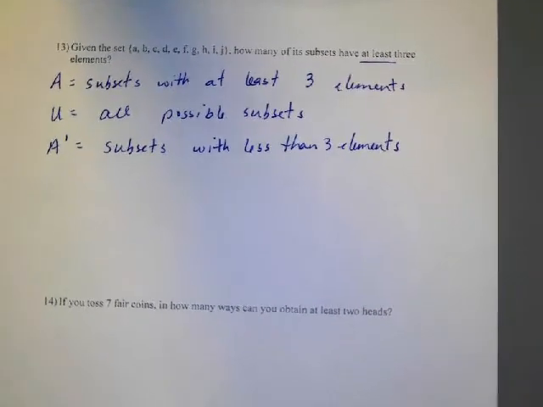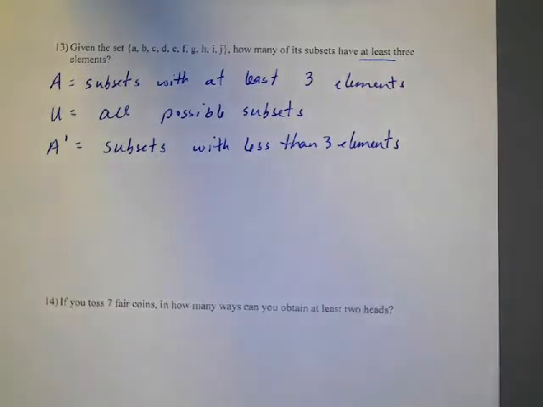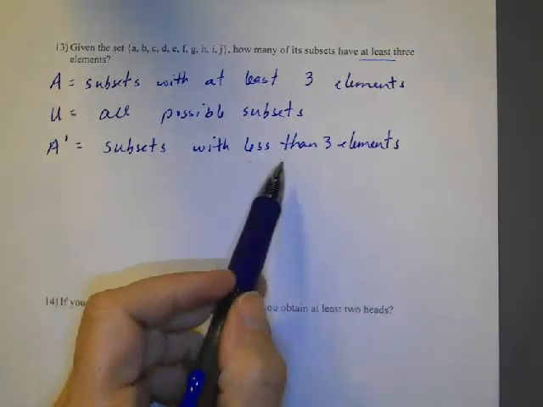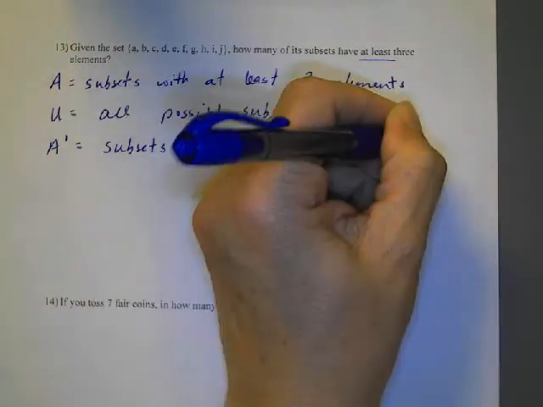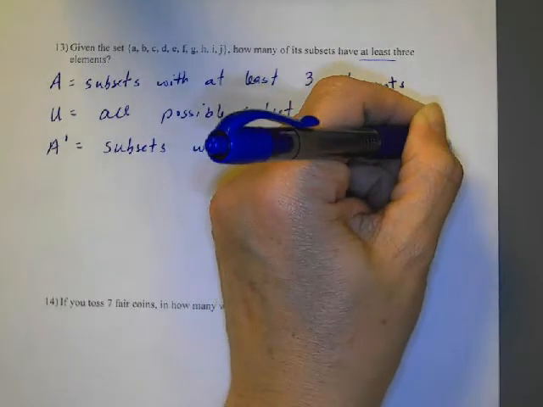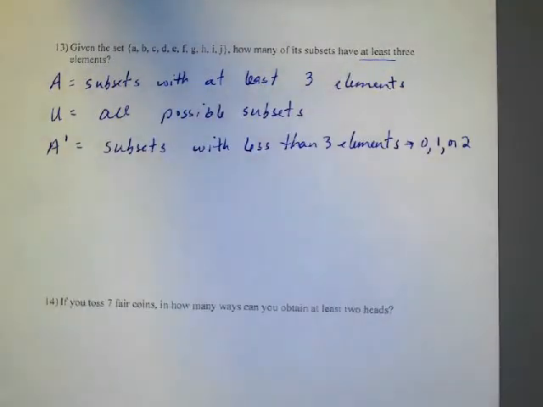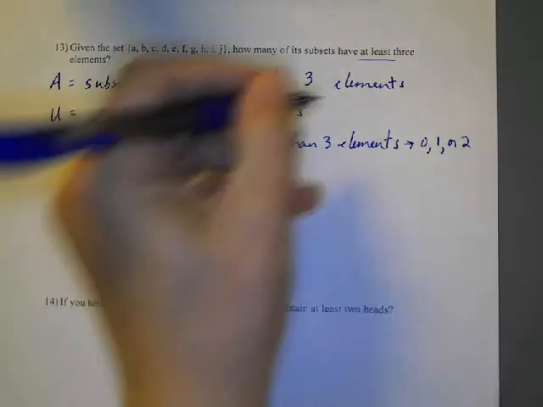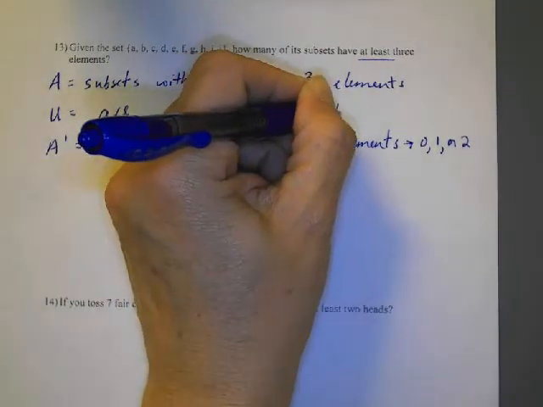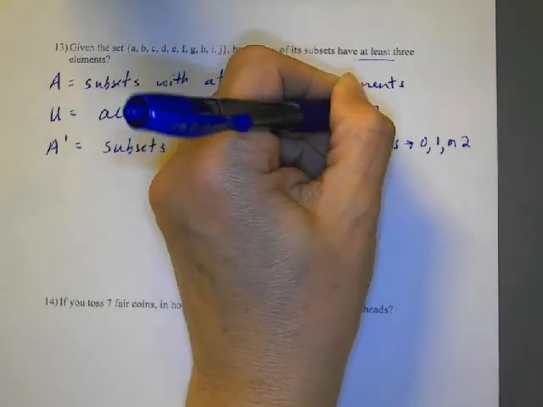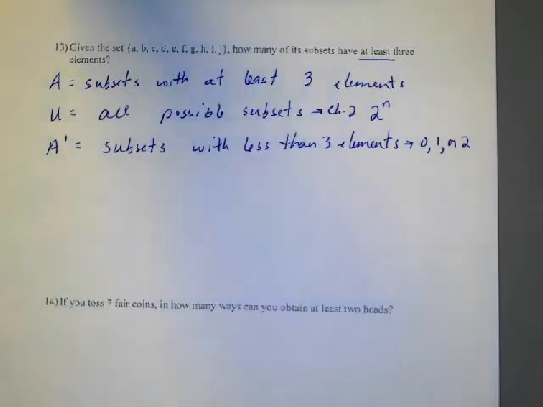Alright, so we got to cover a couple of things here. Subsets with less than 3 elements means no elements, 1 element, or 2 elements. If you want to come up with all possible subsets, that's back from Chapter 2 when we learned the formula 2 to the nth power, where n is the number of total elements in your set.